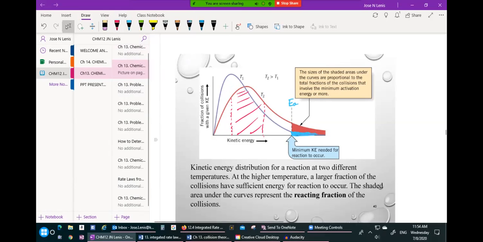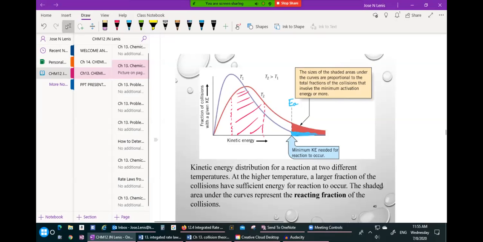So the area under the curve within this range of kinetic energy has more particles. If you compare to the previous one, the number of particles having higher kinetic energy went up. It's moving to the right on this diagram.